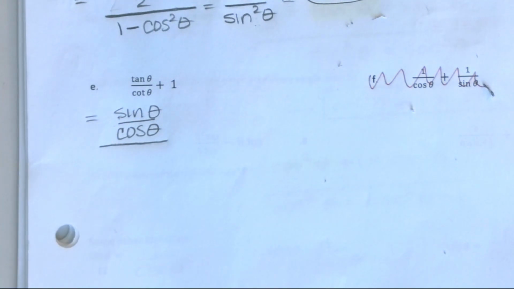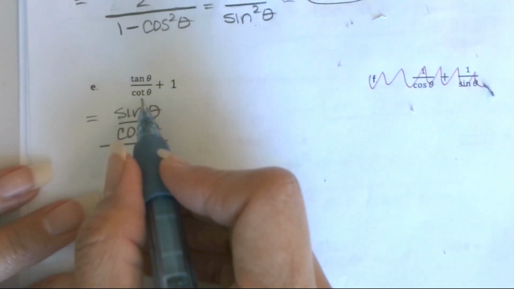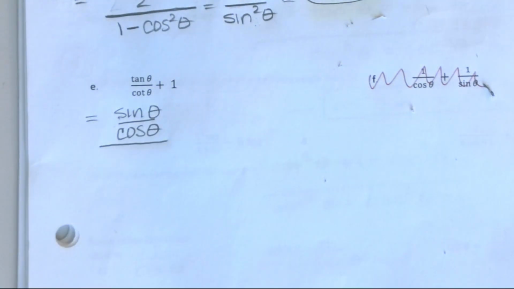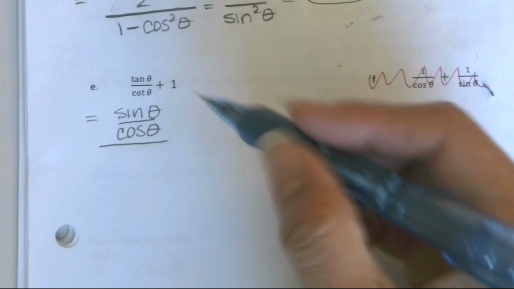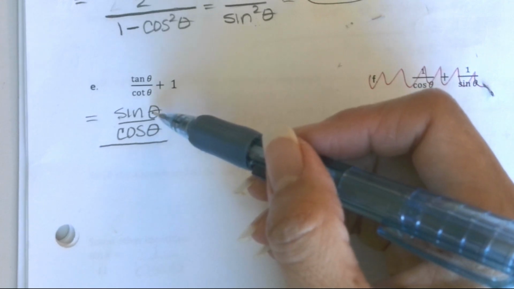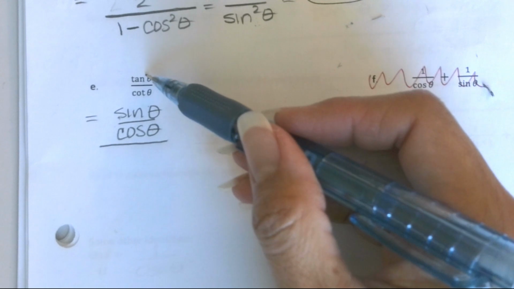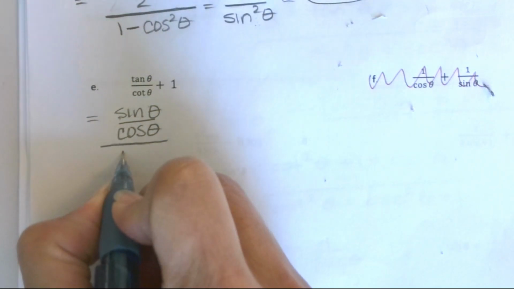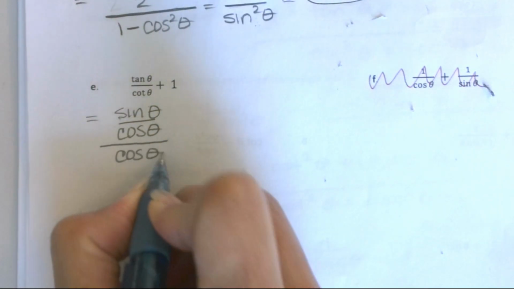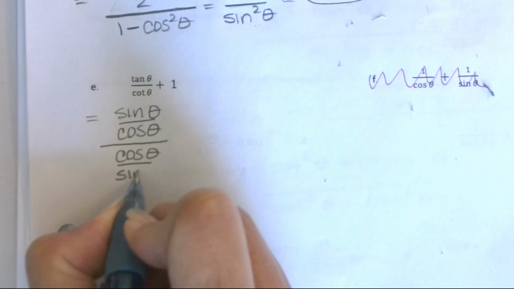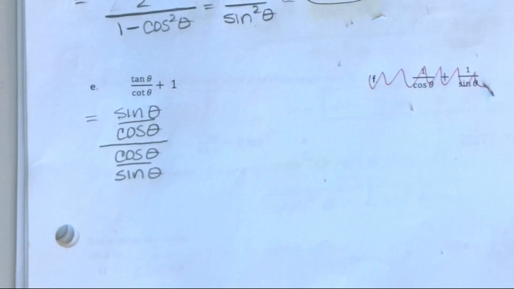And then cotangent theta is going to be what? 1 over, look for another one. Okay, so like on this one, you saw, Melanie, that tangent is sine over cosine. Cotangent is the reciprocal of tan, so you just do cosine over sine. Does that ring a bell?